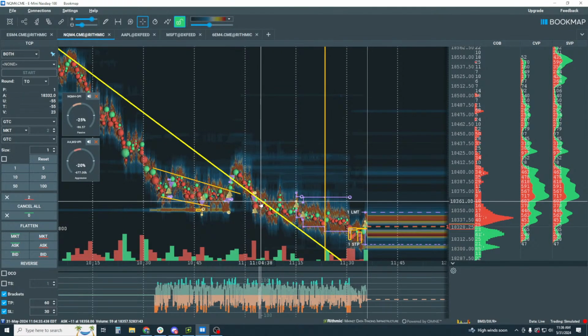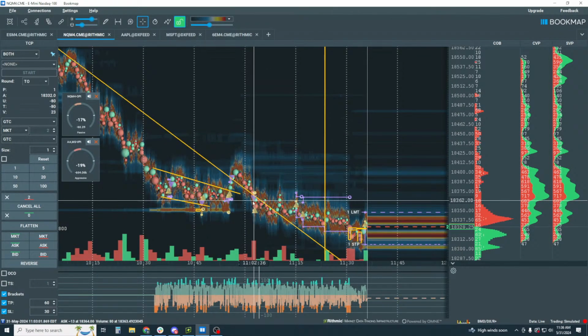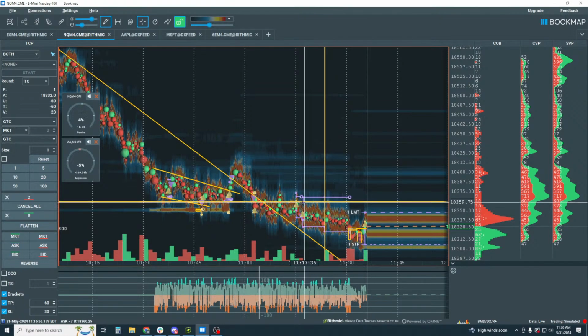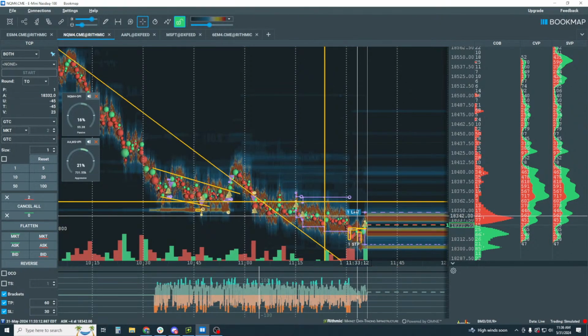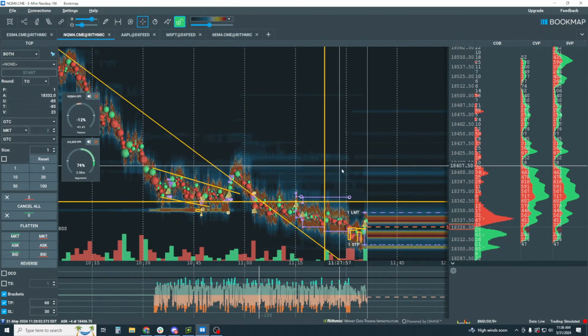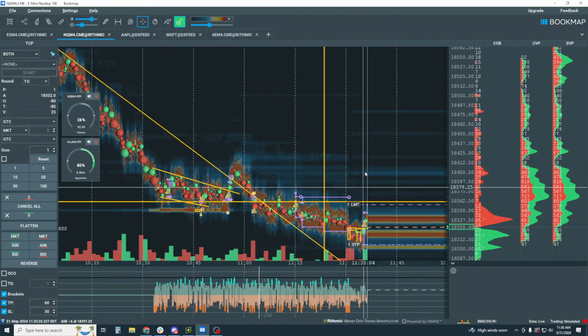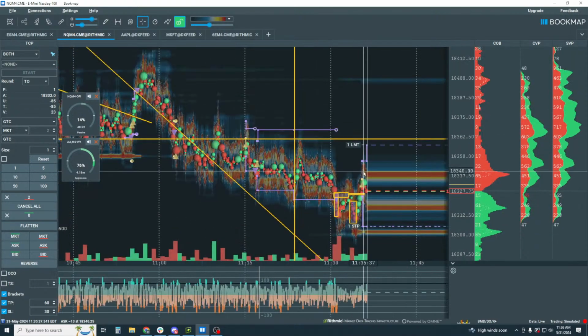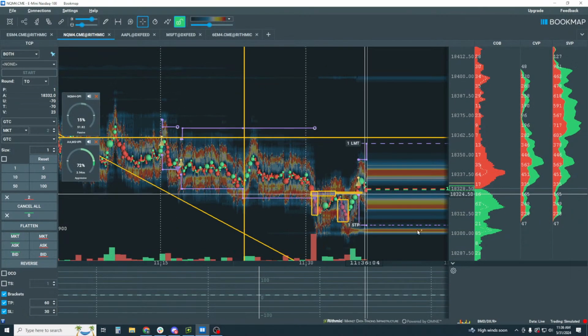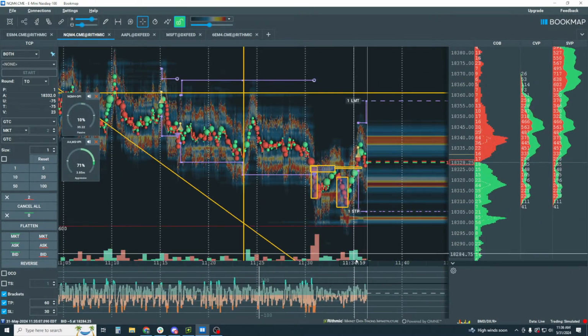Not bad to consider maybe taking profit up at this swing here. So actually, I'm going to do that. I'm going to move my take profit up to about 62 or 61, something like that. I'm looking for buyers to move it back into the range here.